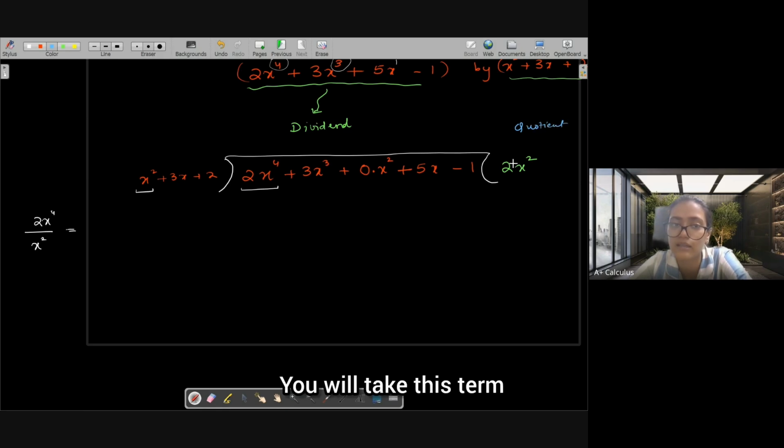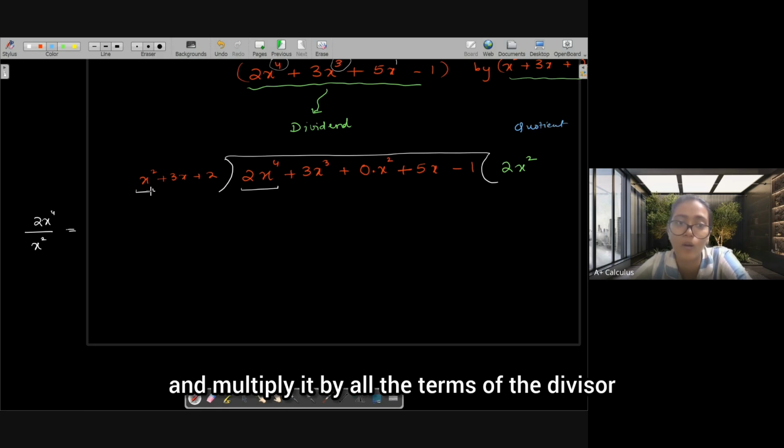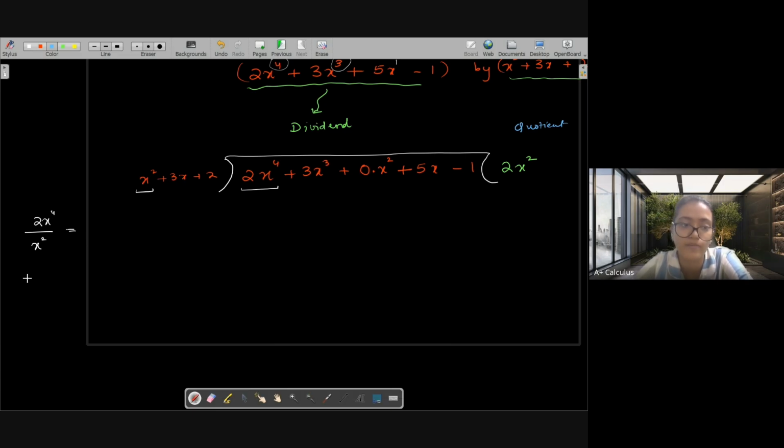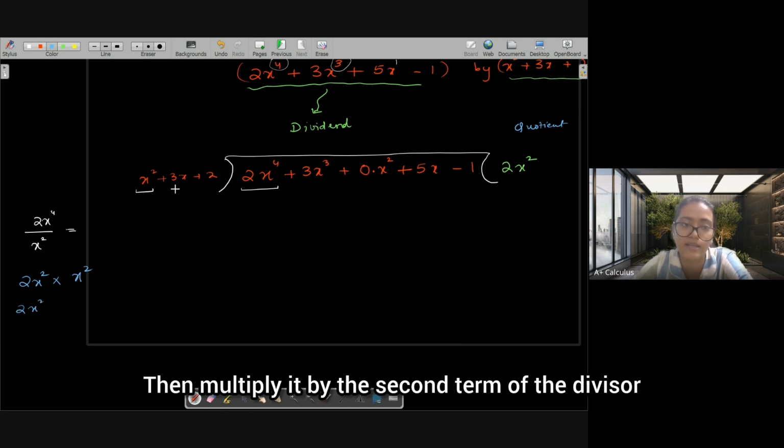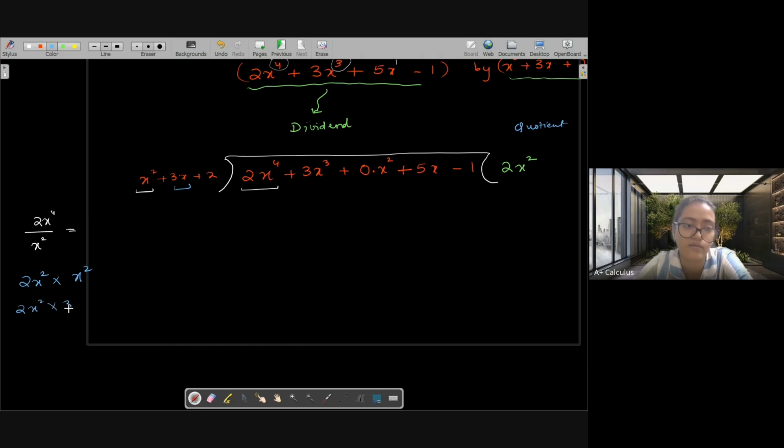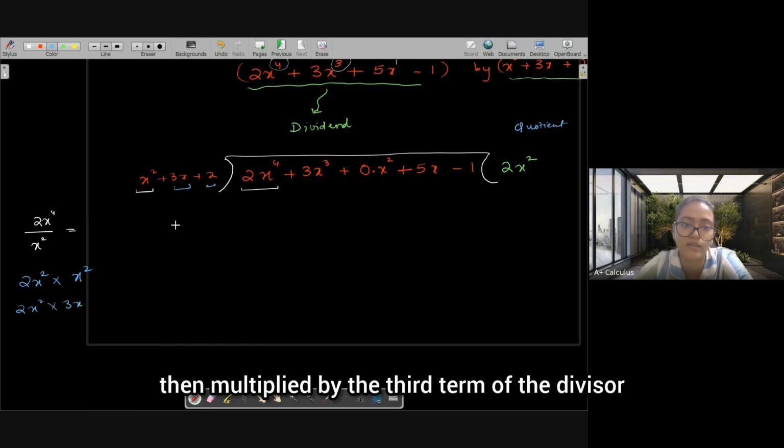Now you will take this term and multiply it by all the terms of the divisor. Multiply 2x squared by the first term of the divisor, then by the second term, then by the third term.